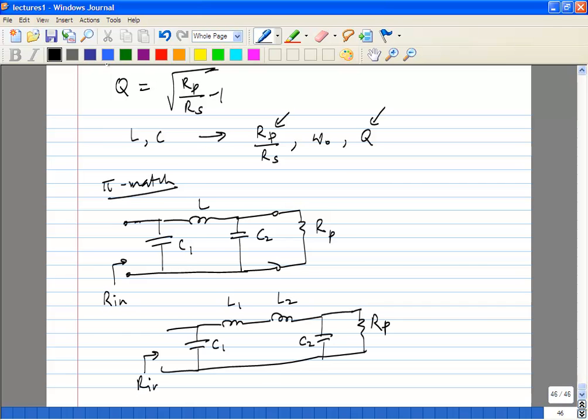So we'll decompose it and consider two sides of the network. What do you see on this side? You see one L match. On the other side, you see a second L match. So what we'll try to do is analyze each L match separately and then combine them together.